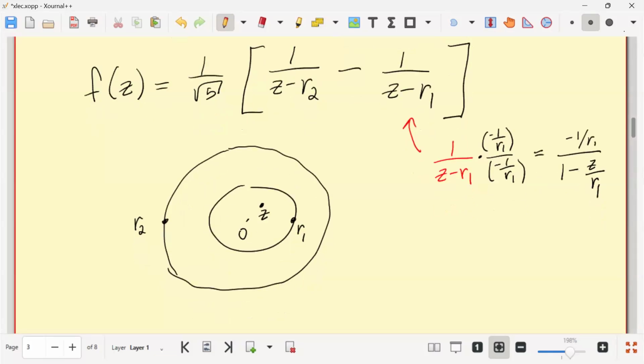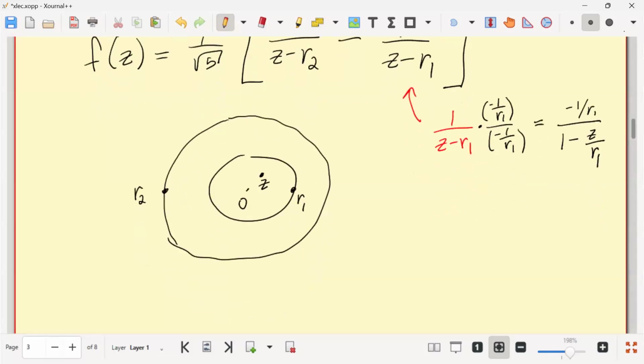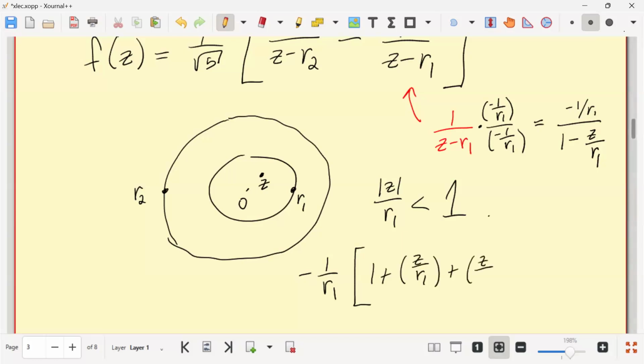And now I can mess around with that thing and realize, aha, that since mod z over r1 is less than 1, that thing is actually the limit of a geometric series. And the geometric series would be minus 1 over r1 times 1 plus z over r1 plus z over r1 squared, not r2, r1, plus dot, dot, dot.